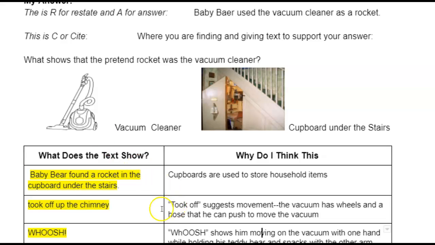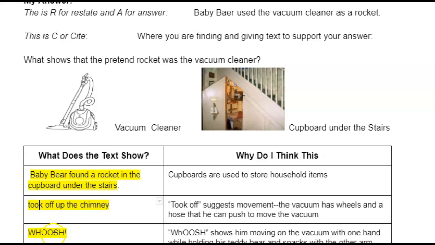So, when I look at the text, it says, took off up the chimney. Took off suggests movement. The vacuum cleaner has wheels and a hose that he can push to move the vacuum. So if I look right here, I see the wheels. This nozzle part here, he could use that to push the vacuum cleaner so it can move.